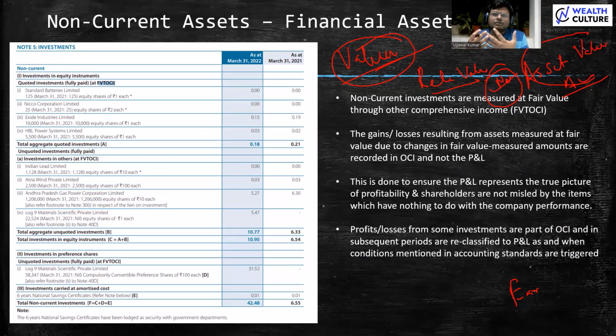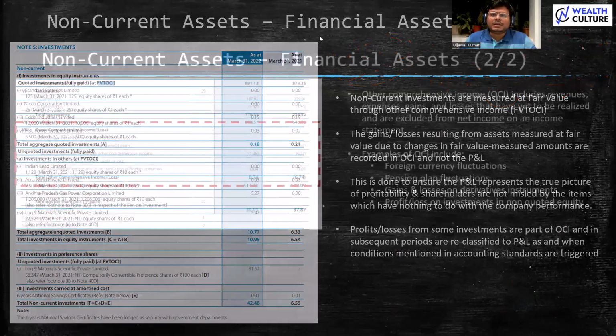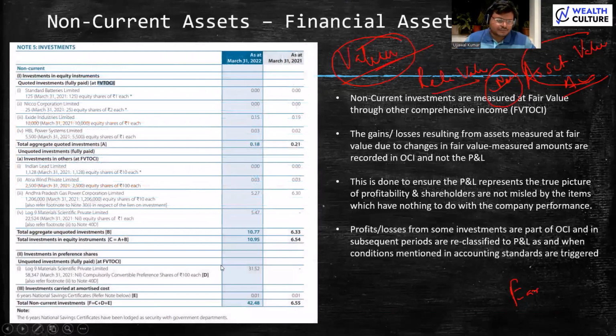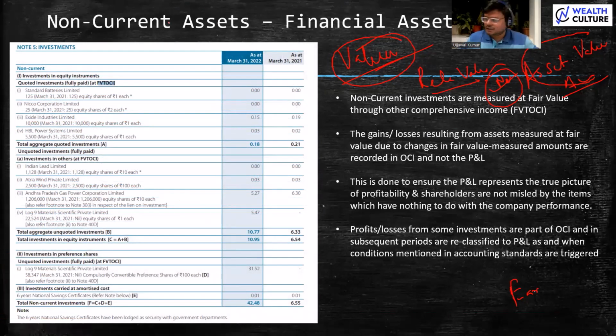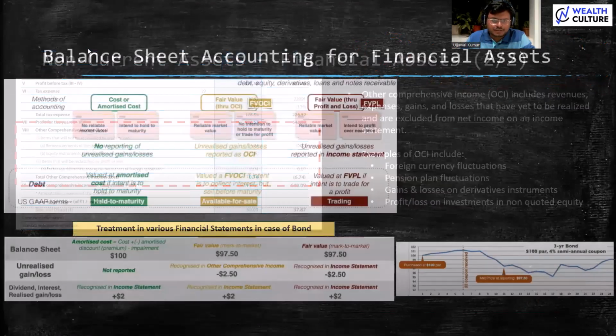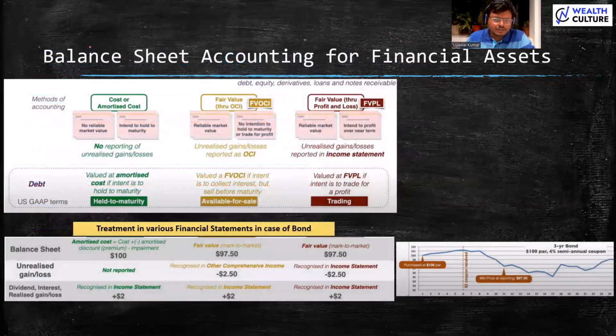So these financial assets also can be broken down into two parts, current and non-current. So as you see here, this is non-current. What is non-current? Let me first quickly get to this slide.